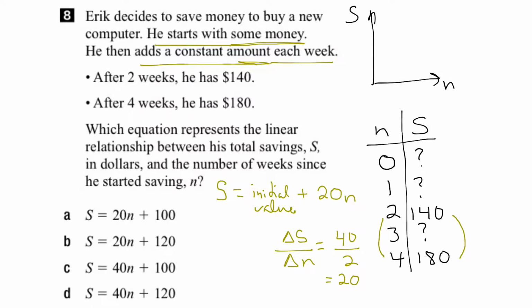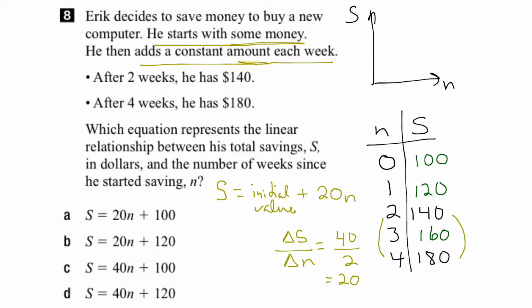Well, if the savings are increasing by $20 a week, we know that, for example, in week 3, he would have $160. That way we can see that between 140 and week 3 he's going to go up by $20, and then in another week he goes up by $20 again. Using that same logic, we'll know that after 1 week Eric would have $120, and therefore at the start he's going to have $100.